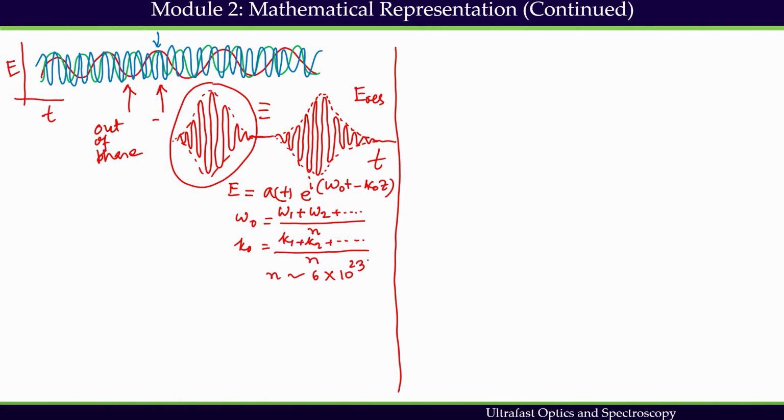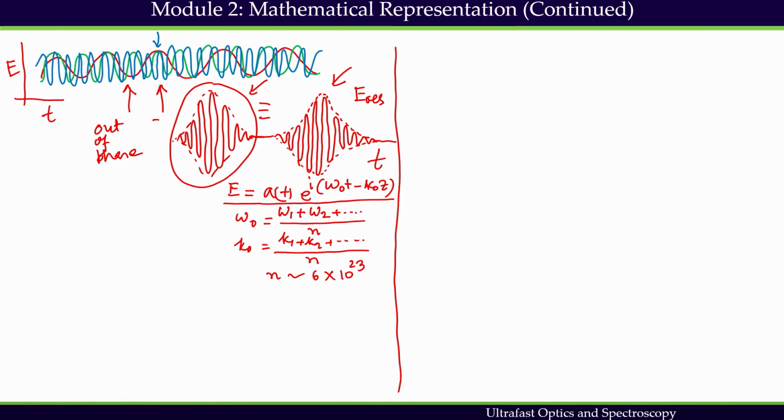So, let us say I have 10 to the power 23 plane waves interfering with each other. If they are interfering with each other in time, we will have localized electromagnetic energy, or a burst of electromagnetic energy. Each pulse can be expressed under the SVEA by this equation.